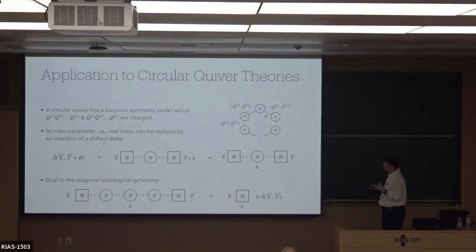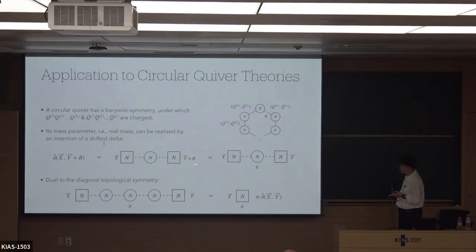So in order to introduce this baryonic symmetry, we need to insert the shifted delta. So the mass parameter for the baryonic symmetry can be realized once you insert this delta in between. And this can be realized in terms of our building blocks like this.